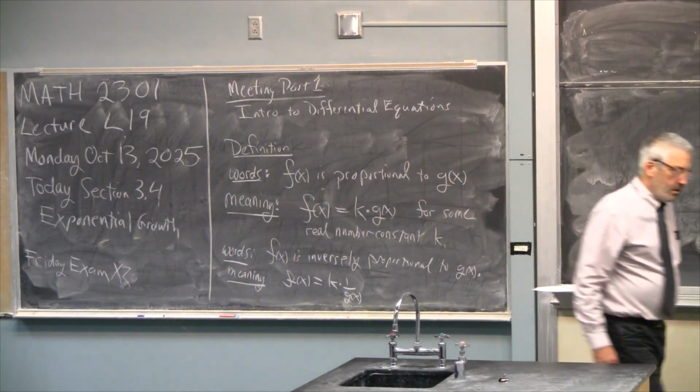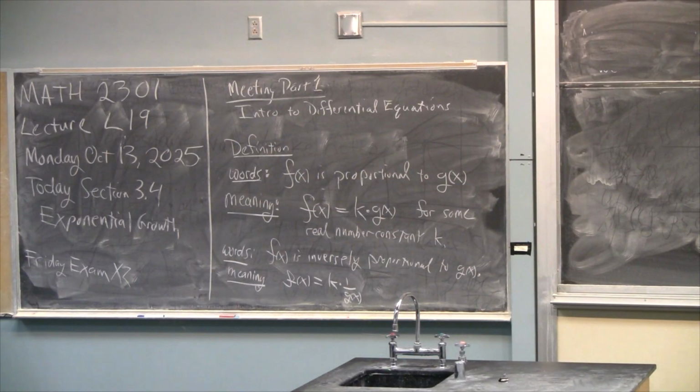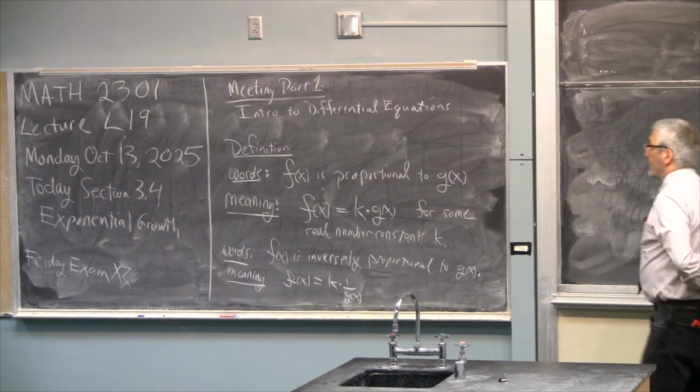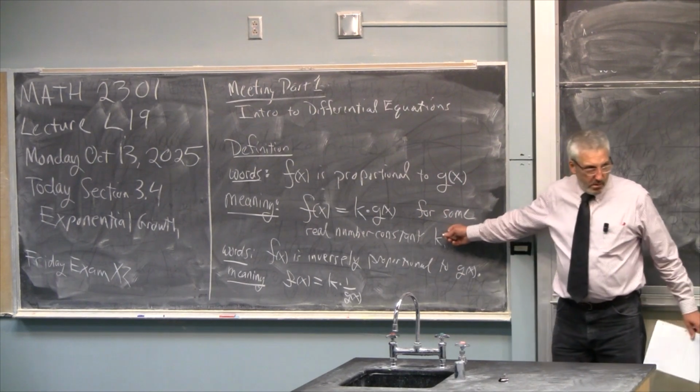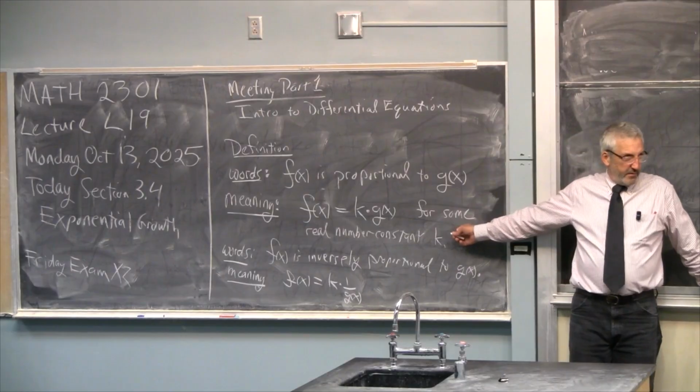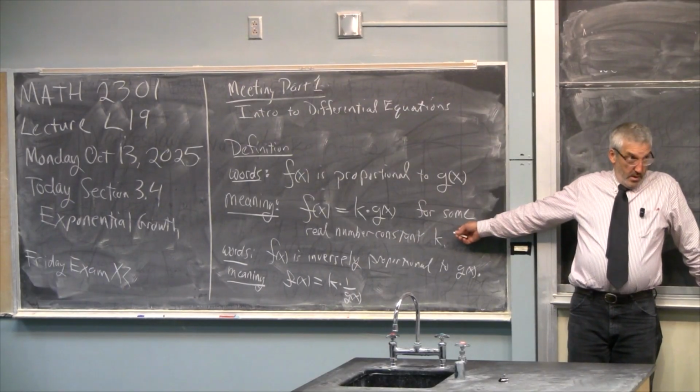Now, the words inversely proportional to, probably a lot of people don't have any idea what that is. But the words proportional to, you might sort of overlook the significance of this being the definition.